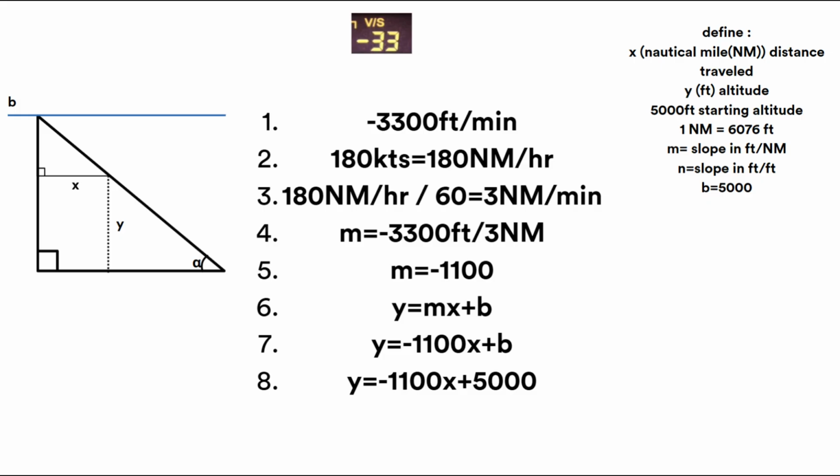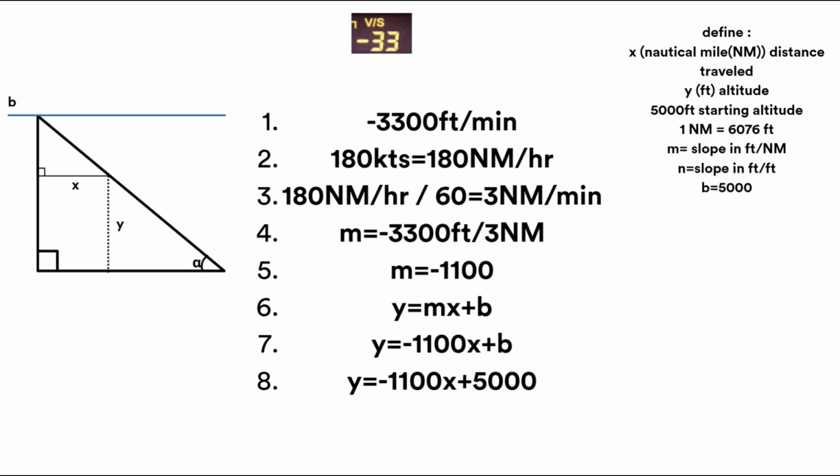We then convert time to a horizontal distance. During approach, the ground speed is 180 knots, which is equal to 180 nautical miles per hour. Convert that into nautical miles per minute, which is 180 divided by 60, which is equal to 3 nautical miles per minute. So in 1 minute, the aircraft moves 3 nautical miles.